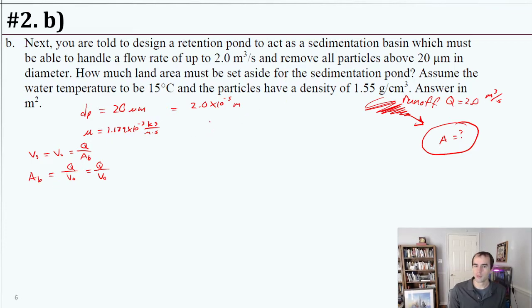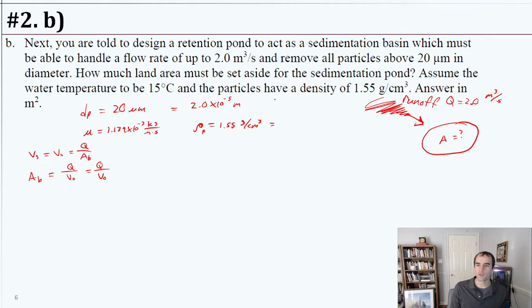A couple other parameters we'll need here. The rho for the particle was 1.55 grams per centimeter cubed. This is going to be the same thing if you do the conversion to kilograms and cubic meters.